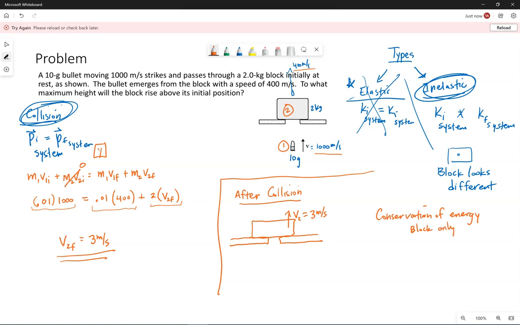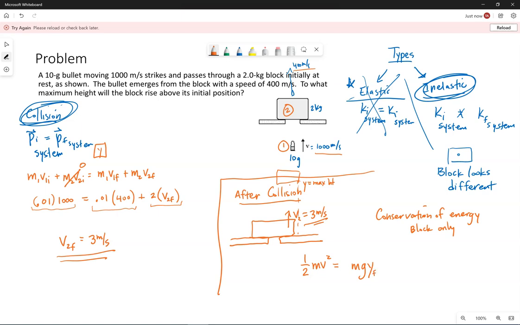The bullet is long gone. There's no interaction anymore. So we can say that this 1/2 mv squared of the block is going to turn into mgy, so it's going to rise up to a maximum height.